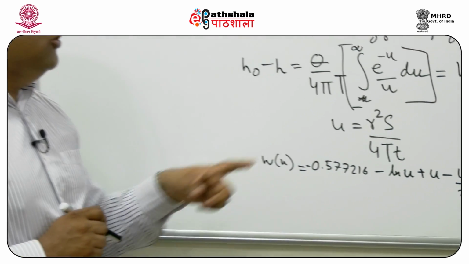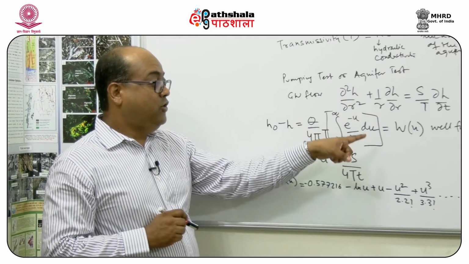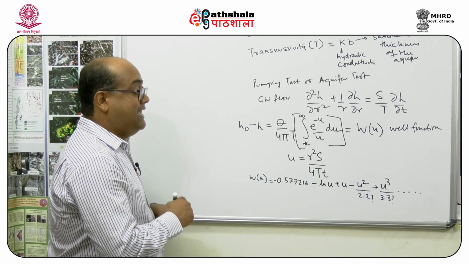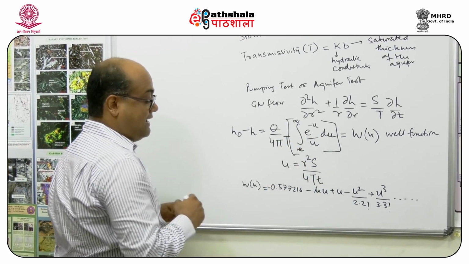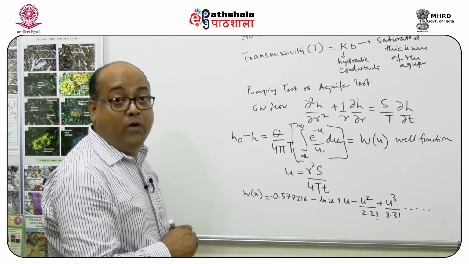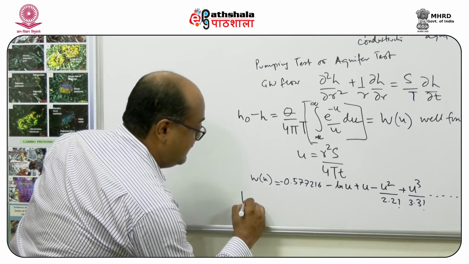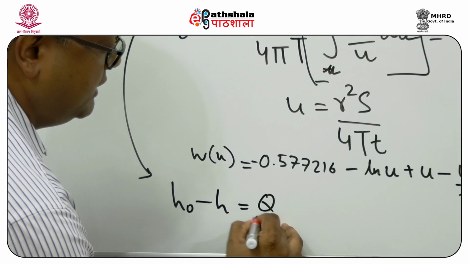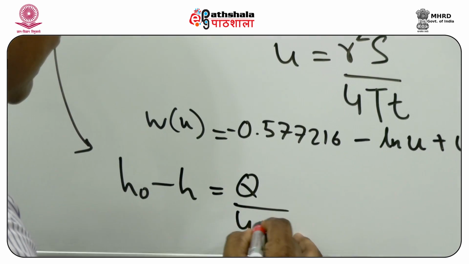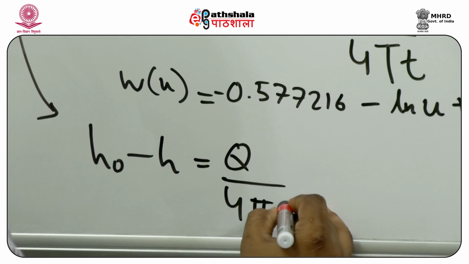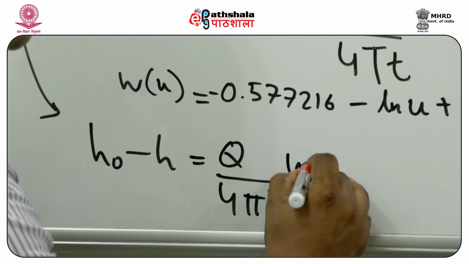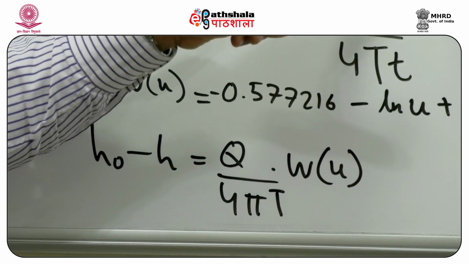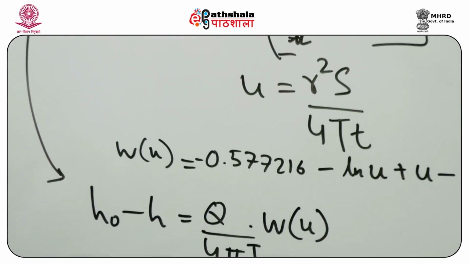Now we can rewrite the Theis solution. If we remove the integral and just write W(u), represented by the well function, I can rewrite this equation like this: H0 minus H equals Q/(4πT) times W(u).